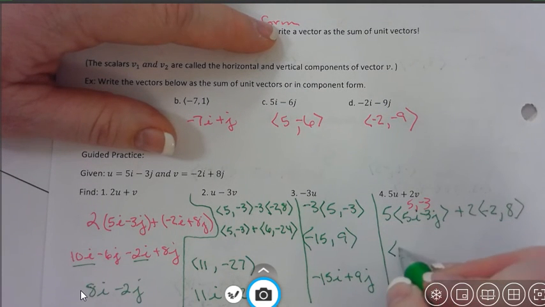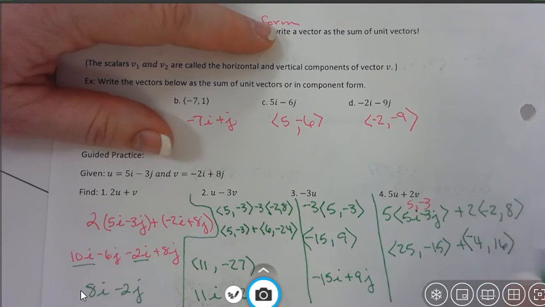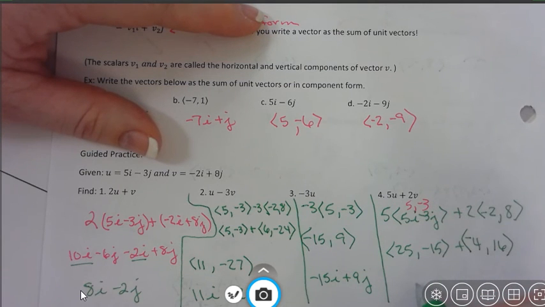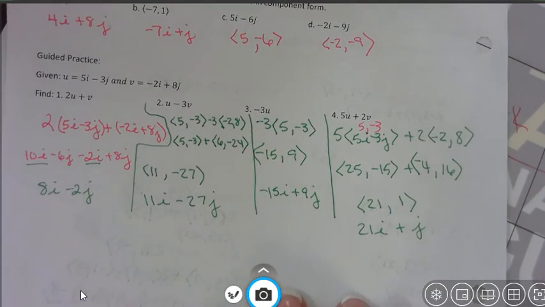All right, so that gives me 25, -15 plus 4, wait a minute, -4 and 16. All right, so finishing these out, I get 21 and 1. So I would write 21i plus j.